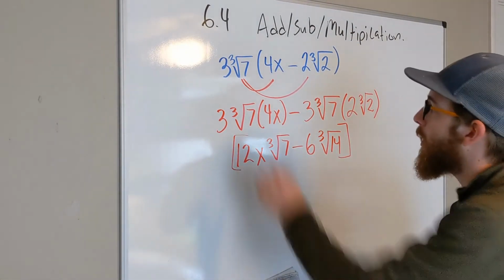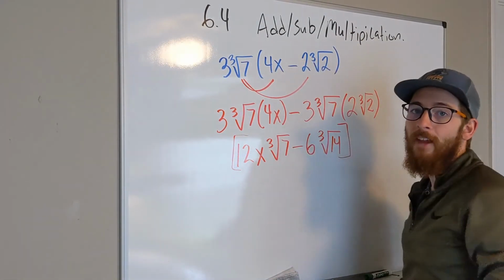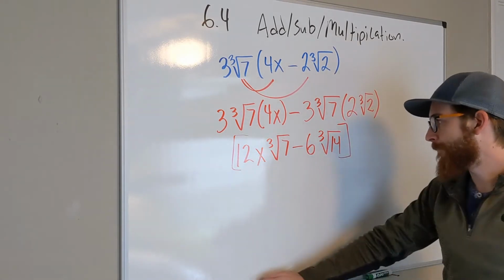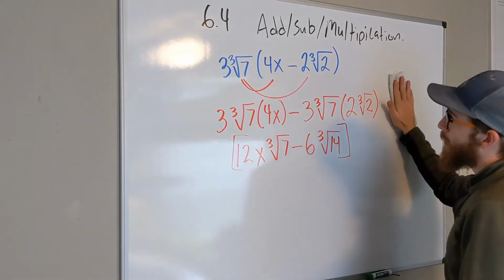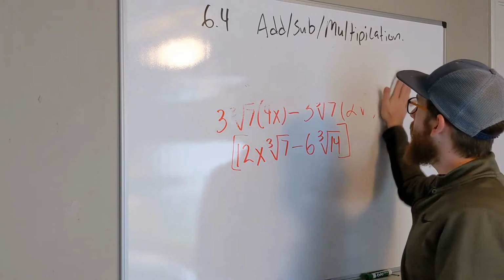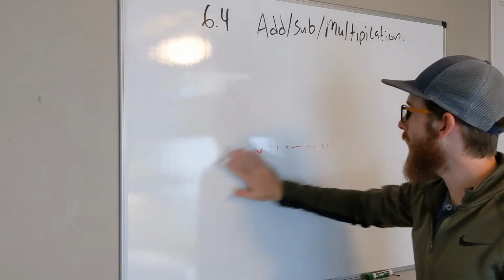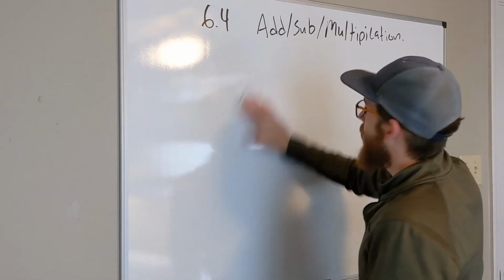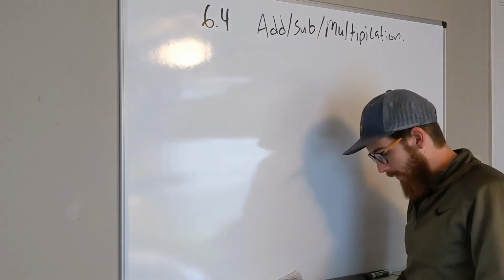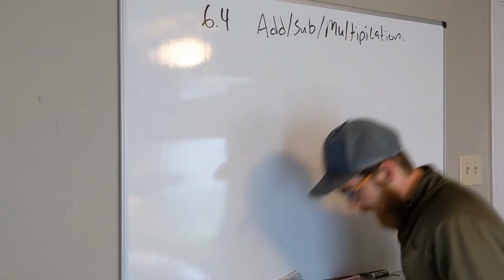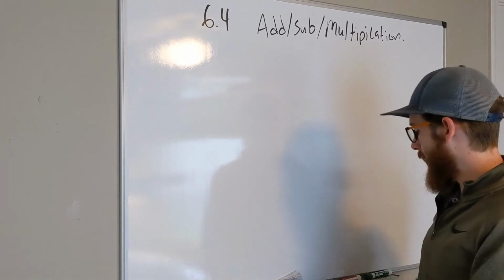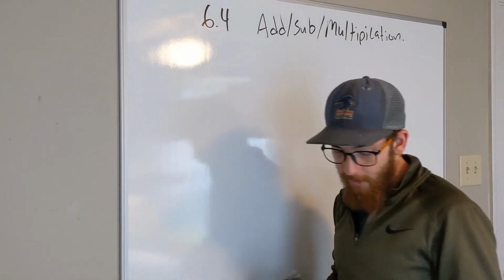But most of the time we can distribute that thing. Okay? So I'm going to erase this, but I'm going to do one more example, except for this time I'm going to take it one step further.